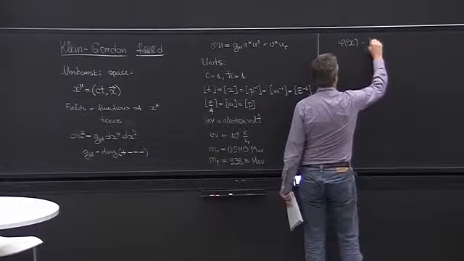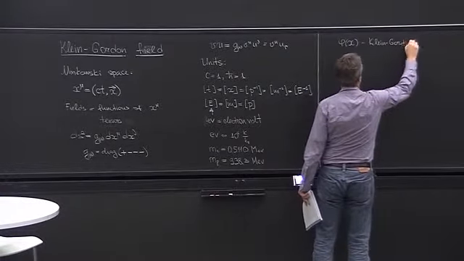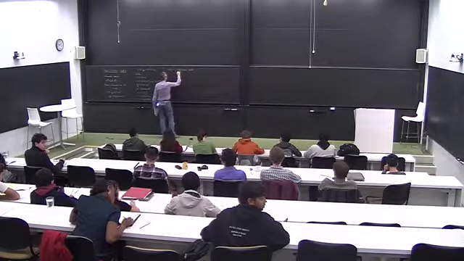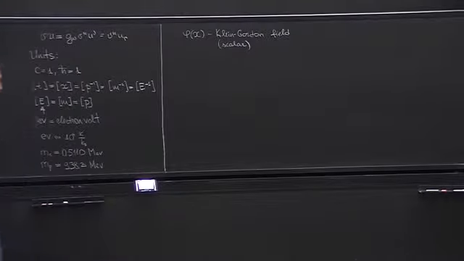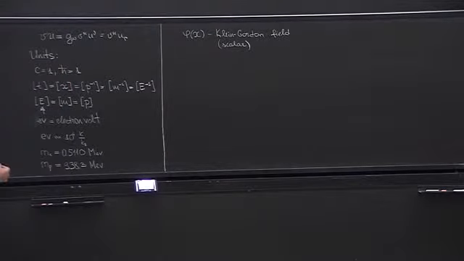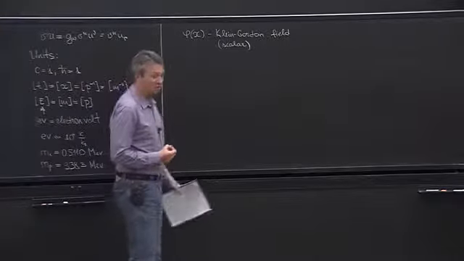So this will be a Klein-Gordon scalar field. And we need to write down some equation that it satisfies, like the Maxwell equations for electric and magnetic fields. So this should be a second order differential equation.